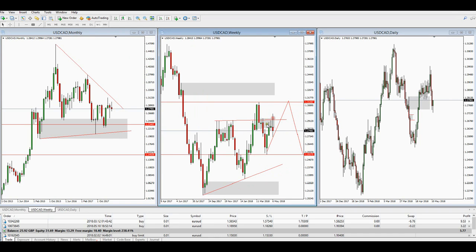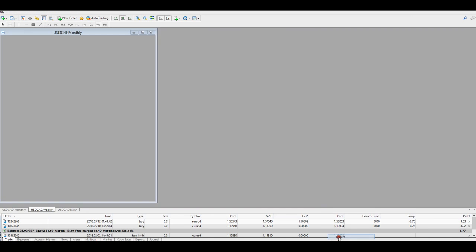So I'm just going to draw that in. This was a level to watch for a potential short, but it was in the middle of that range. I already had a short on here and it got stopped out for the fact that I said this is probably going to be range bound. That was what it was showing me. So I'm a bit scrappy, so I'm going to stay away from that.